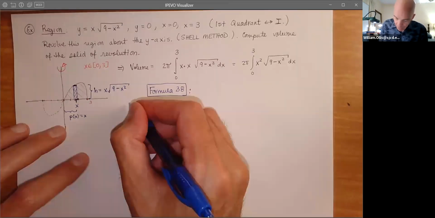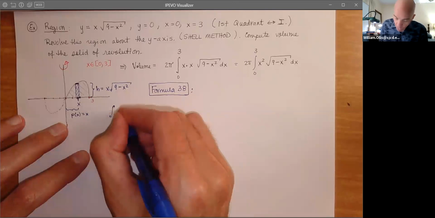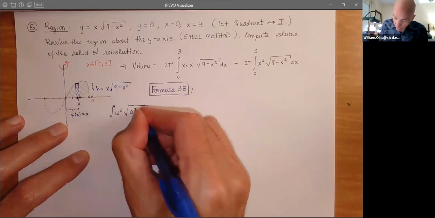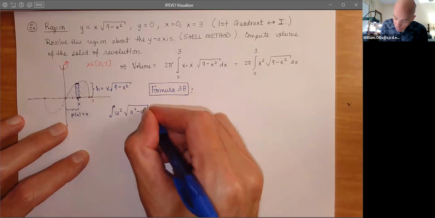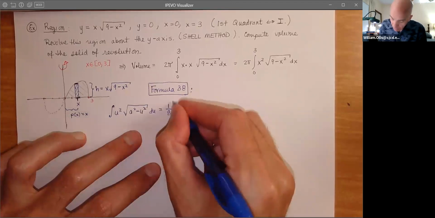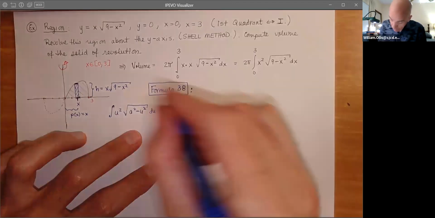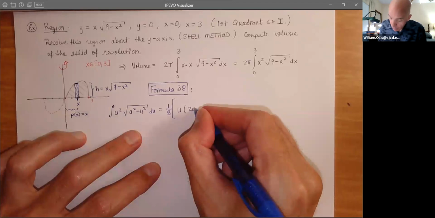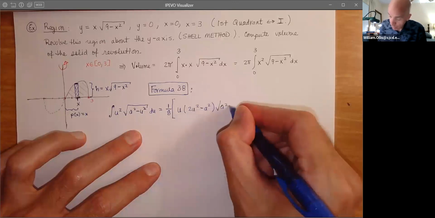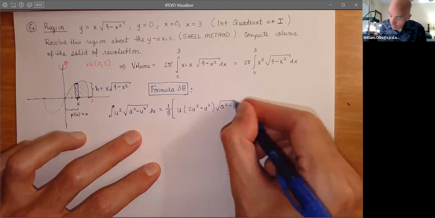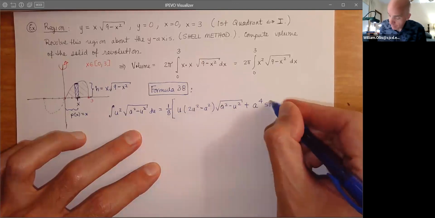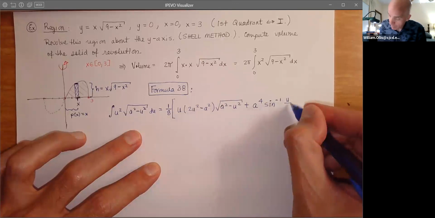It looks like this: the integral of u squared times the square root of a squared minus u squared du equals 1/8 times u times (2u squared minus a squared) times the square root of a squared minus u squared, plus a to the 4th times inverse sine of u over a, plus a constant.